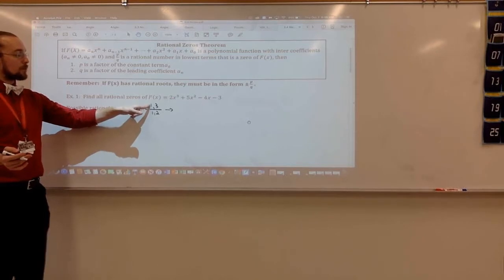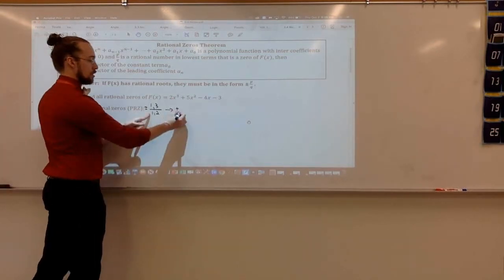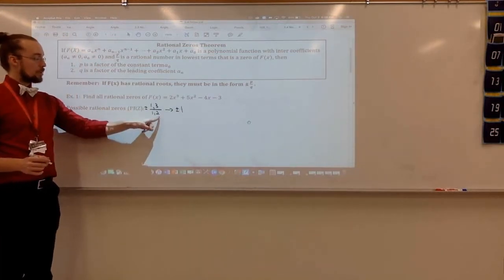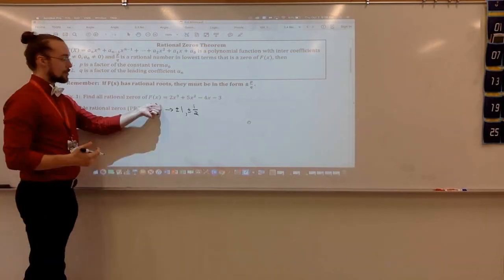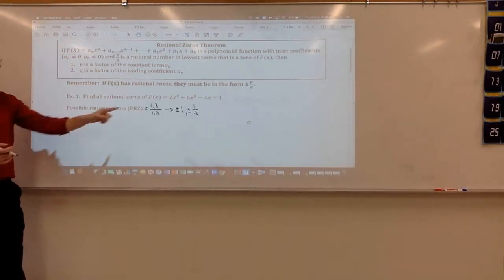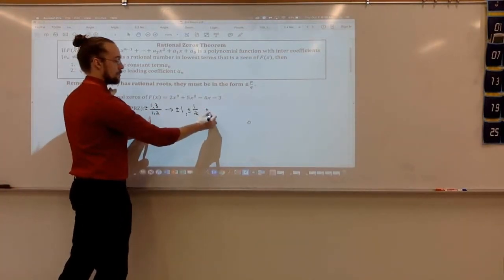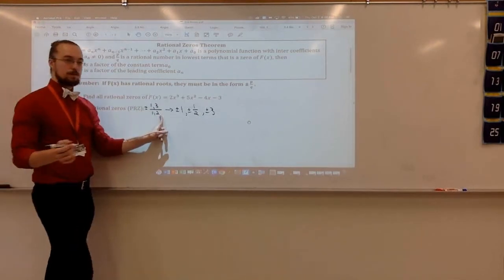I want plus or minus 1 over 1. Then plus or minus 1 over 2. I'm just doing the same thing with the next factor in my numerator. So I'm going to take plus or minus 3 over 1, and then plus or minus 3 over 2.